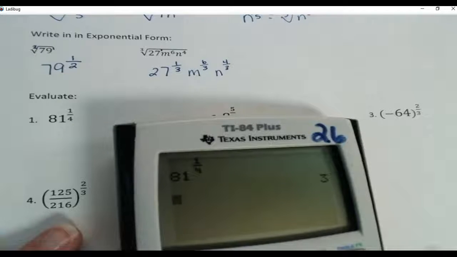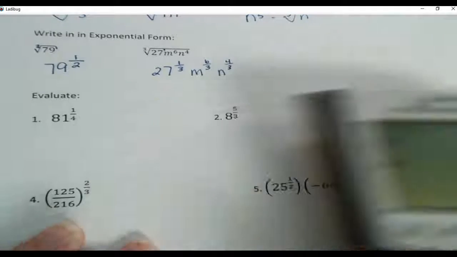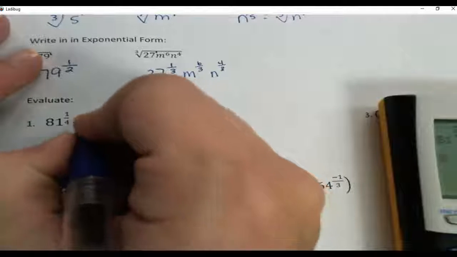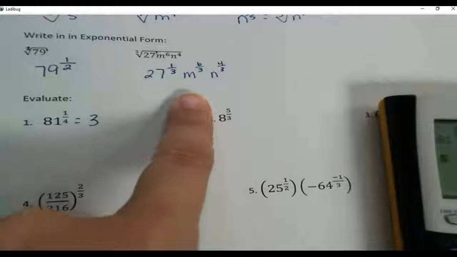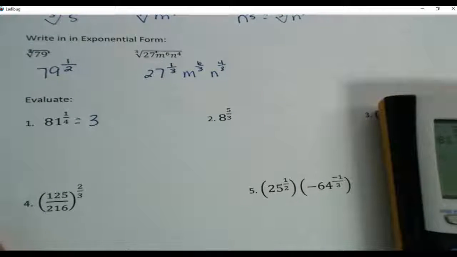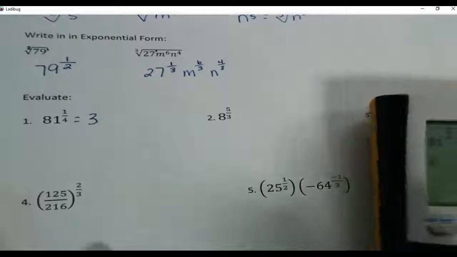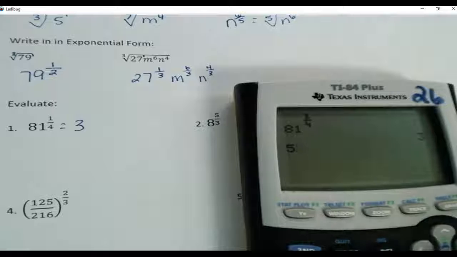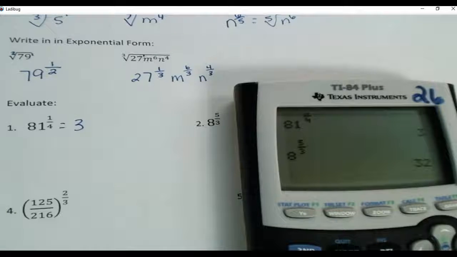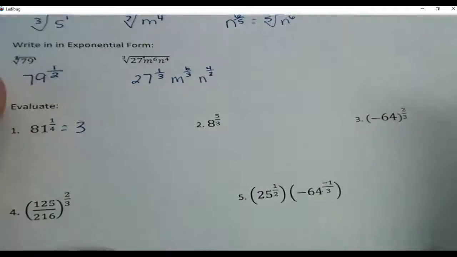And we get 3. That's it. On this one? Yeah. So then our next one, 8 to the 5/3, we go 8 to the 5/3, and we get 32. And that's it.